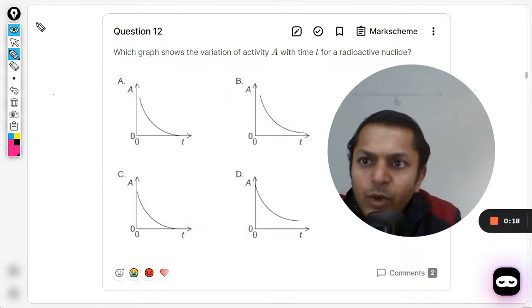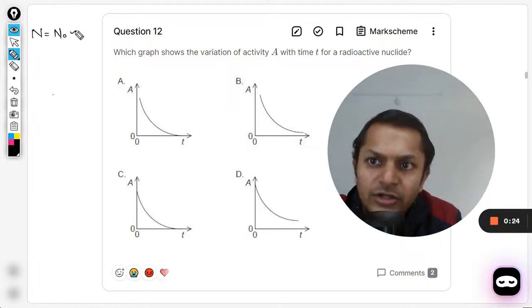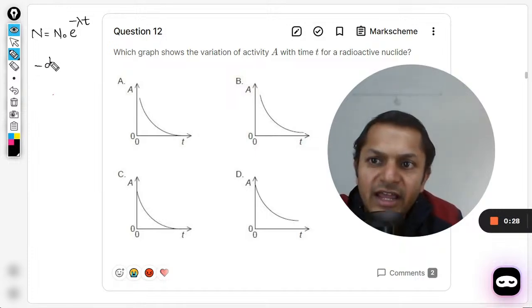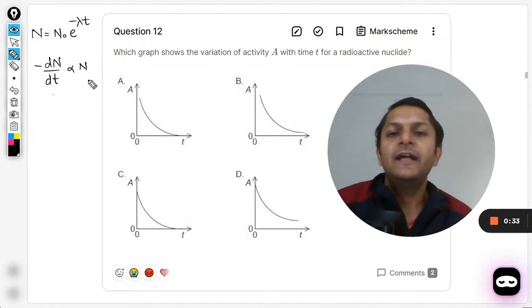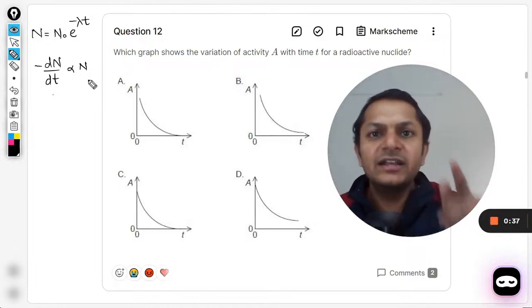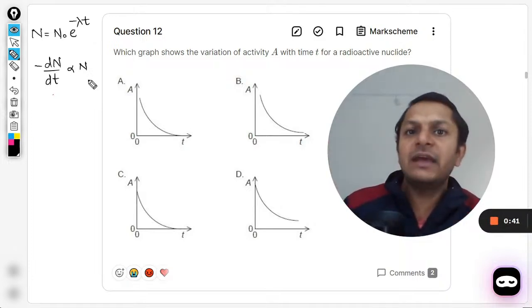So what is the radioactive decay law? You must already know that N is equal to N naught e raised to power minus lambda t. This is derived from the radioactive decay law, that the rate at which the radioactive sample is decaying is directly proportional to the amount of nuclei left in your sample.